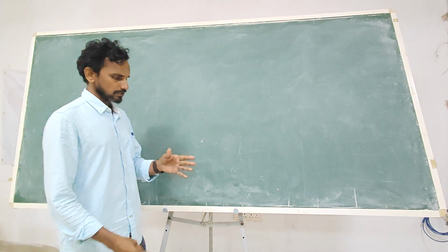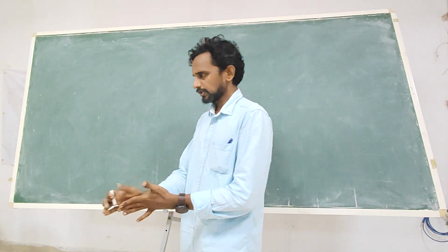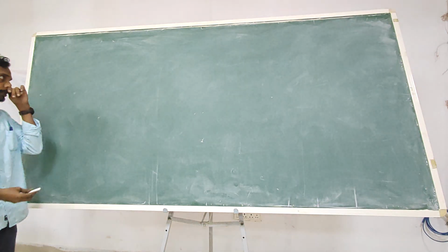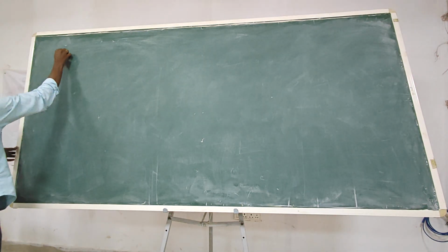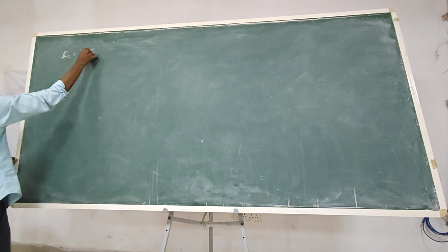So in the previous session we have seen about amplitude modulation, where the amplitude of carrier wave is modulated or modified. So the carrier wave we have considered is this.